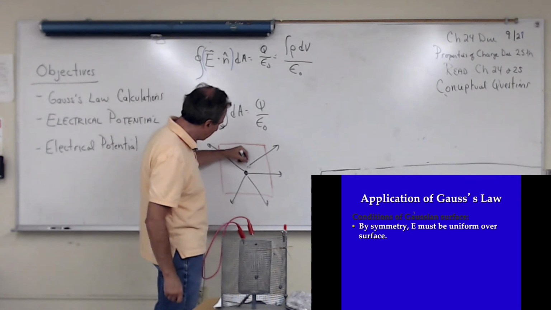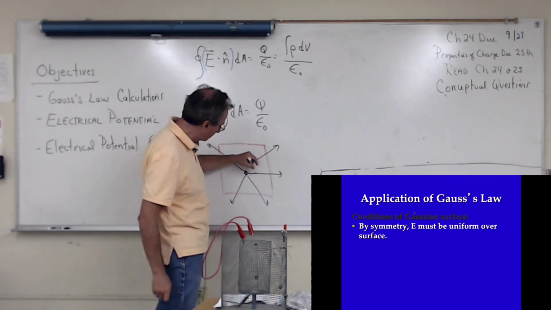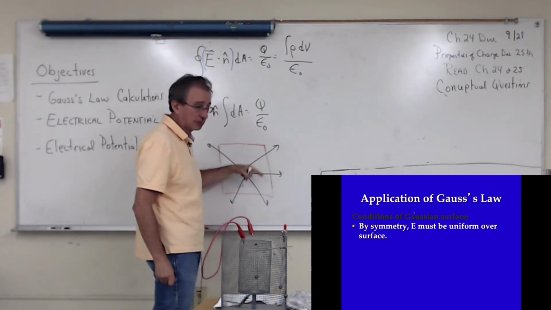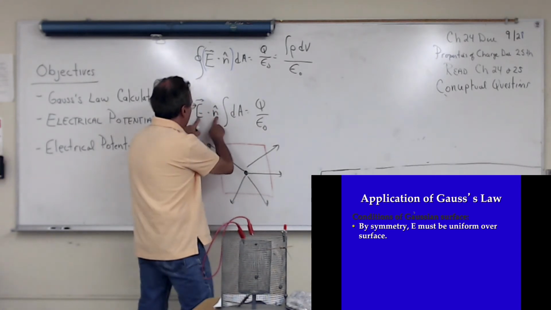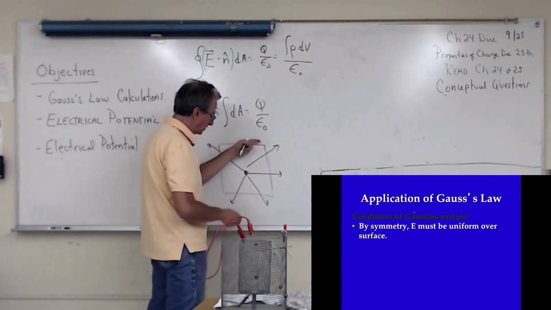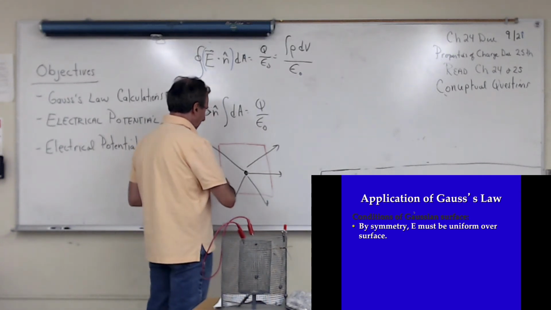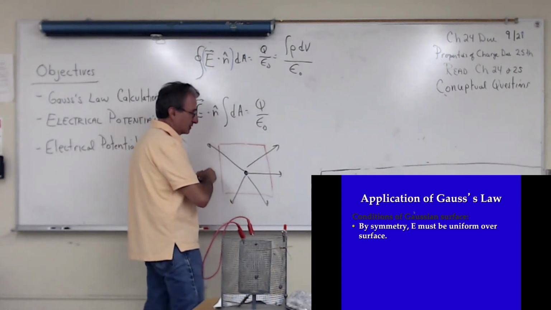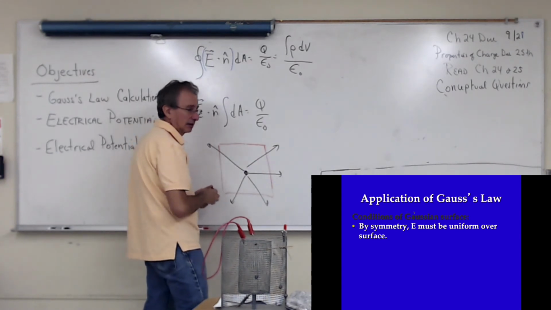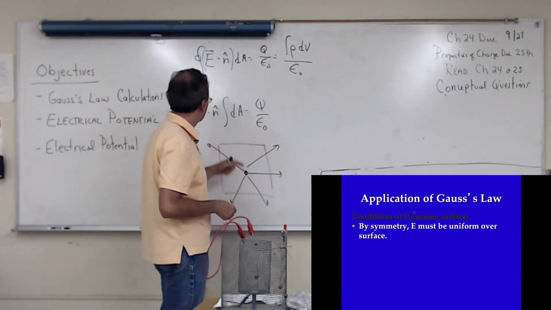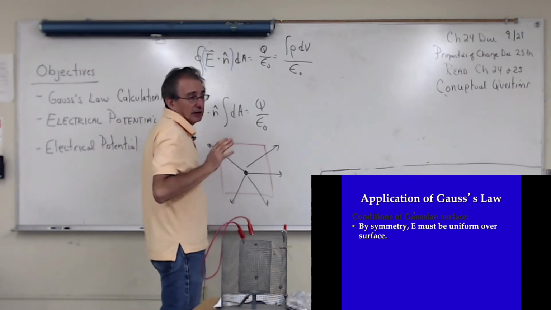Since the distance from here to here is greater than the distance from here to here, the electric field anywhere here is going to be different. Not only that, the angle between these two vectors changes anywhere on the surface of the box. So an imaginary box like that would be useless for calculating my electric field.